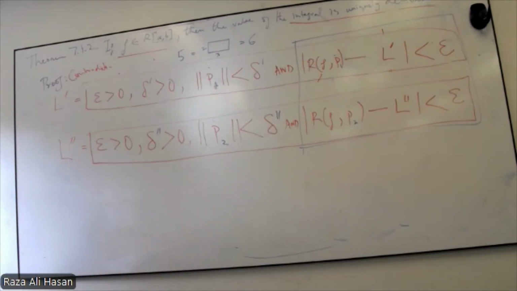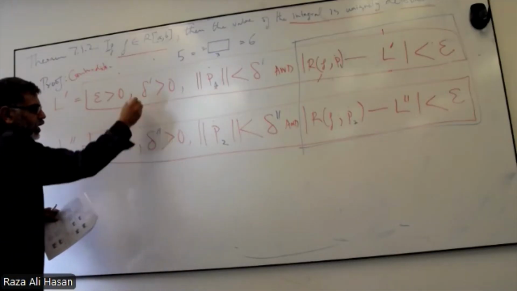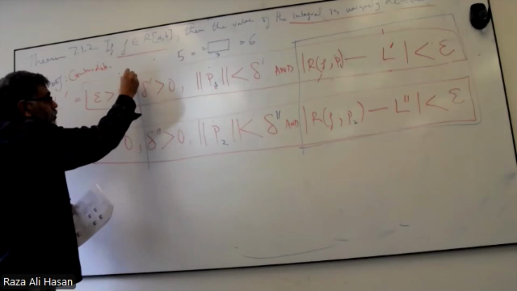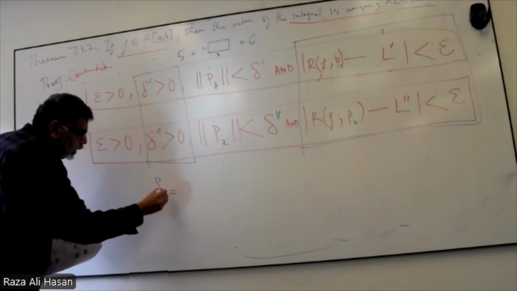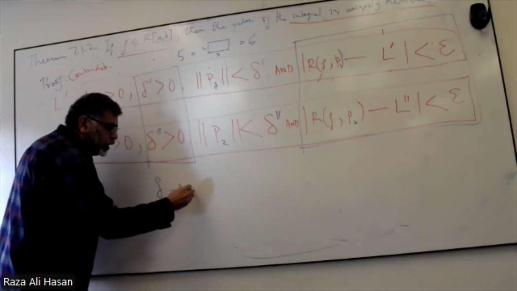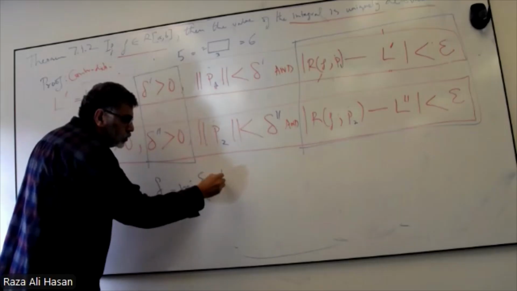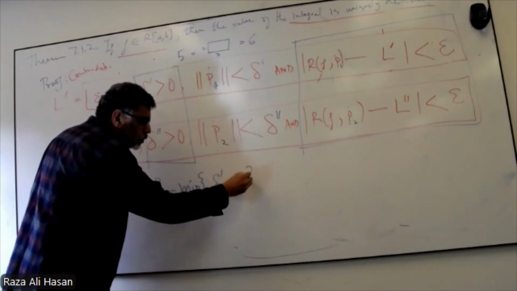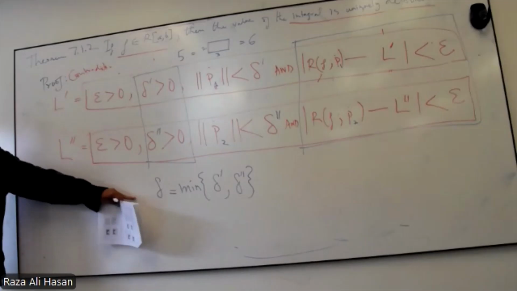So how do we choose between these two guys? We're going to say delta equals the minimum of these two. So this will be our new delta, okay?